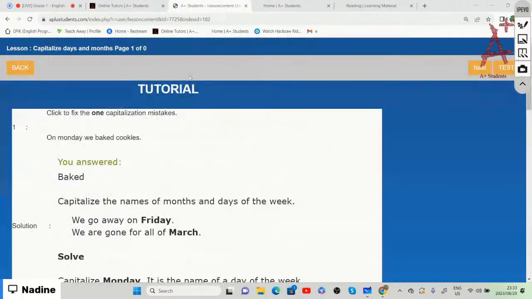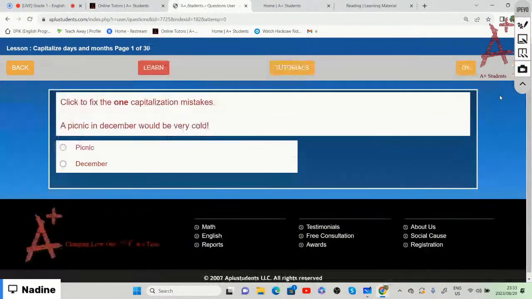All right, so now we're going to do a little test on capitalizing days and months, meaning days of the week and months of the year. So we need to click to fix one capitalization mistake made within the sentence. A picnic in December would be very cold. So we need to select the capitalization mistake within the sentence.